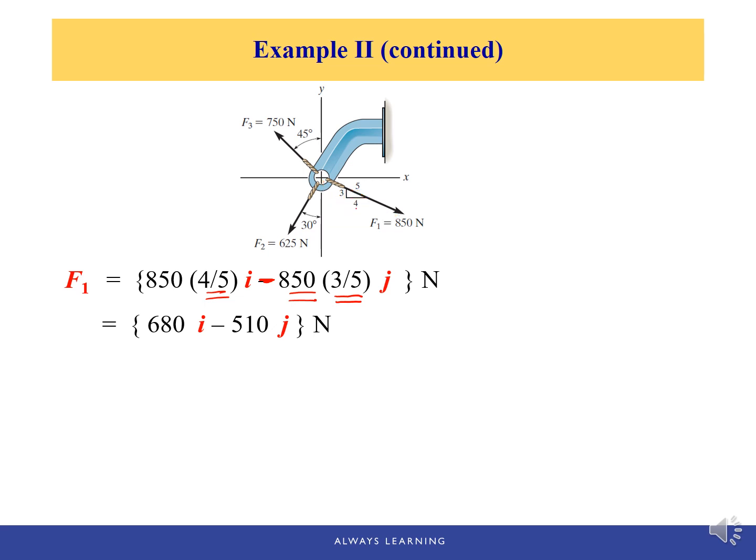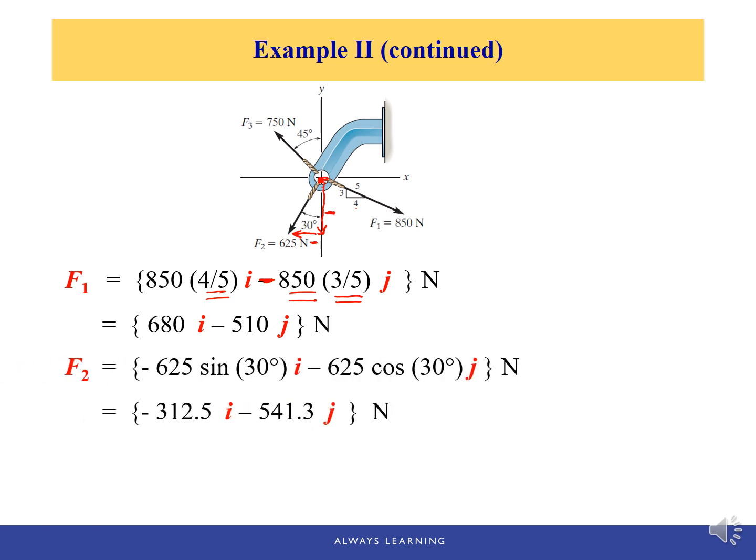For F2, same idea, but it's easier because you have a 30-degree angle between F2 and the negative y-axis. So again, do the imaginary walk from the tail. You need to move down along the y direction and then move to the negative x direction as well. Therefore, both x and y components will be negative, and for the magnitude we use trigonometry.